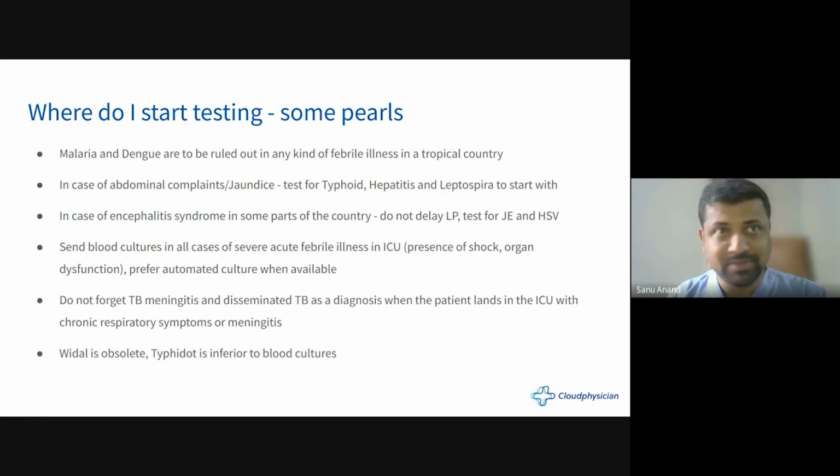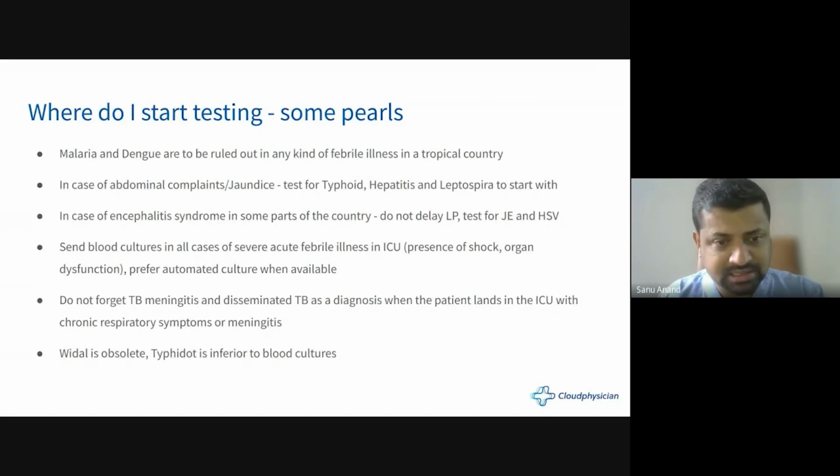And test for Japanese encephalitis in endemic regions. Now, Japanese encephalitis, there was a time when people used to die in hordes, and there was a really sad phase in Indian history where thousands of children died, approximately 100 in 2005, and even as recently as the last decade, there were certain states in India which had approximately 100 or 200 kids die, and more than 5,000 cases.